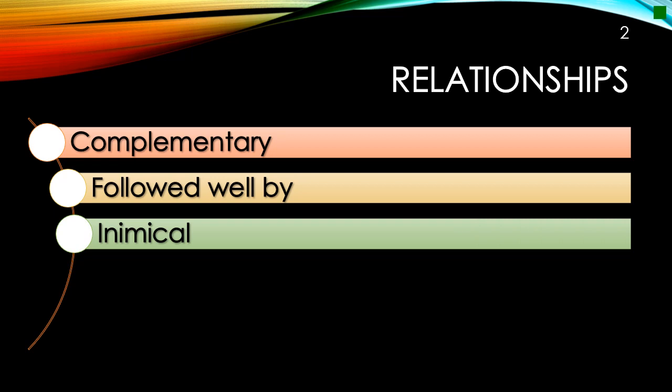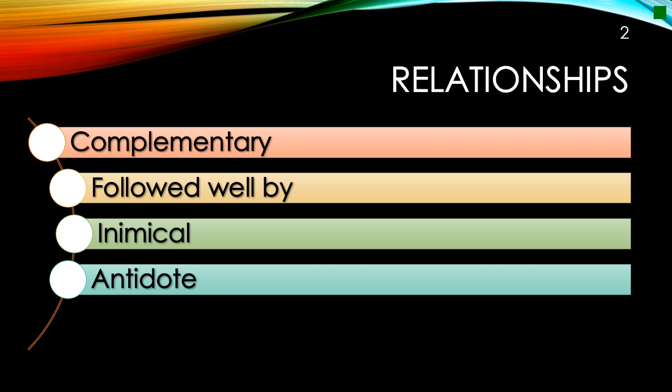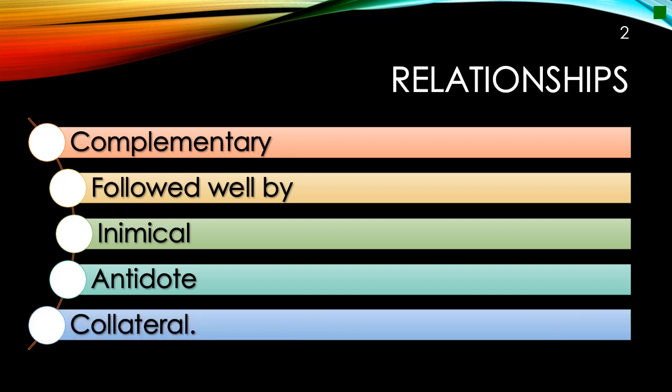Some remedies are inimical to each other. Some remedies will antidote the action of a previous remedy. And other remedies are often described as being collateral to the first remedy or a subsequent remedy. We shall explore these terms in greater detail in the following slide.